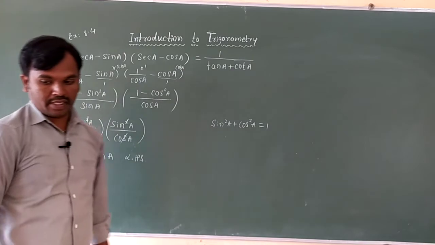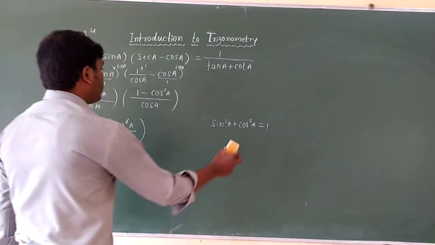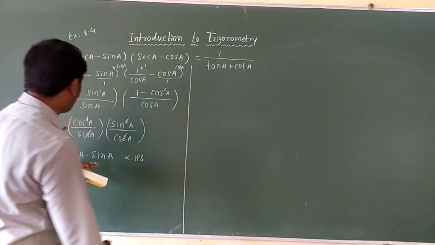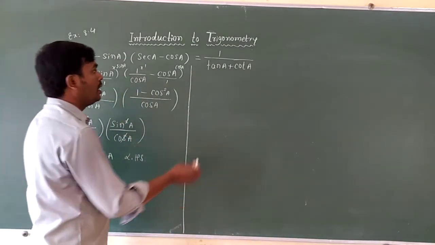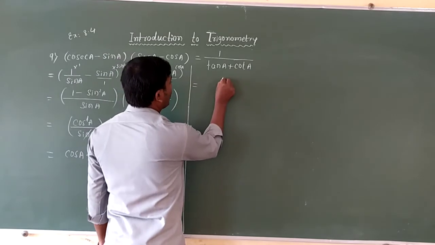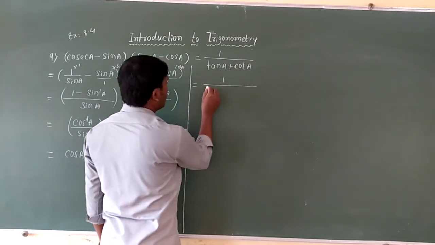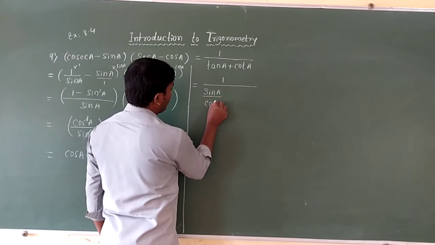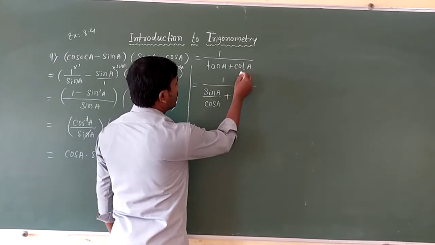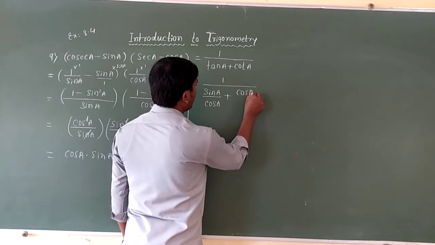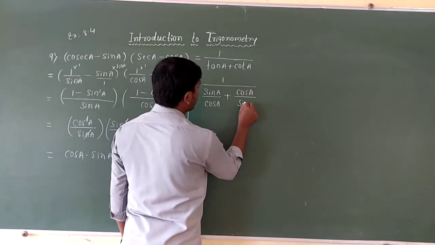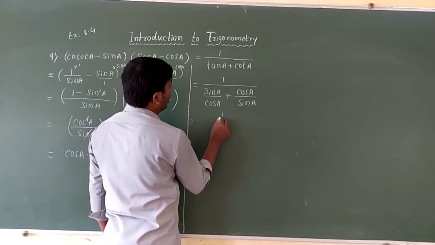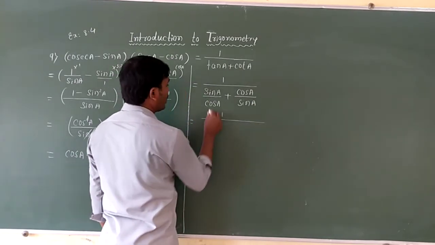Let us take and prove the RHS. The RHS should also be equal to cos A into sin A. Let us check it out. This is equal to 1 divided by, this tan A can be written as sin A divided by cos A, plus cot A, which can be written as cos A divided by sin A. So this is equal to 1 divided by, take the LCM.